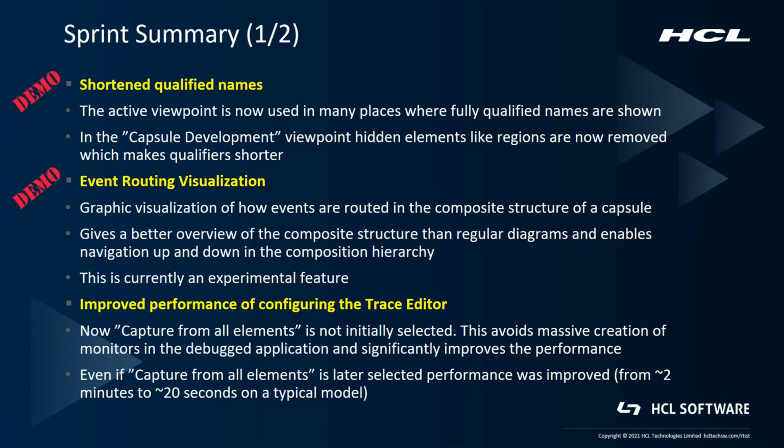Now we have changed that so that we instead start by only tracing the elements that you explicitly list, which makes it very fast to start, instantaneous. And if you later decide to switch to trace everything, we also improved that scenario from about 2 minutes down to 20 seconds on a typical production model.